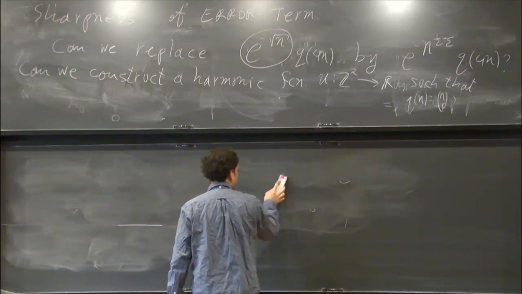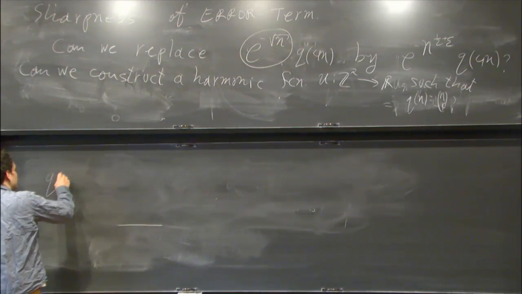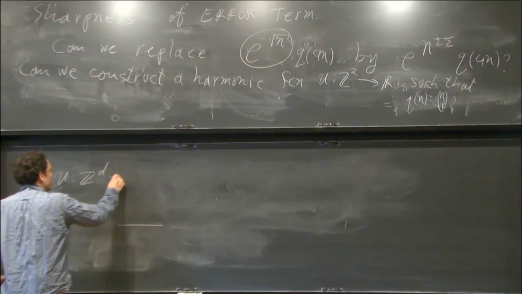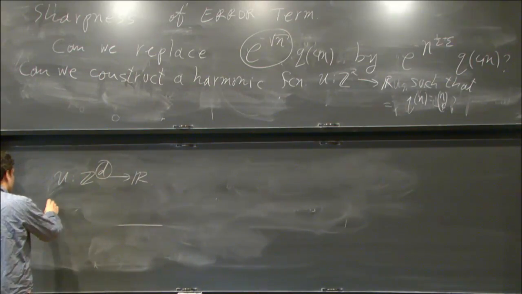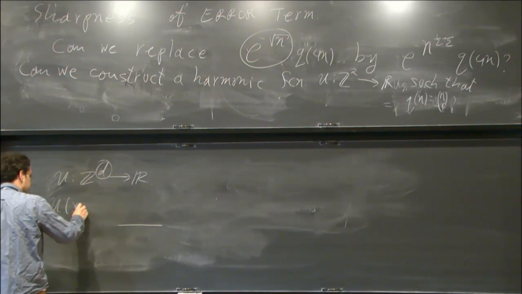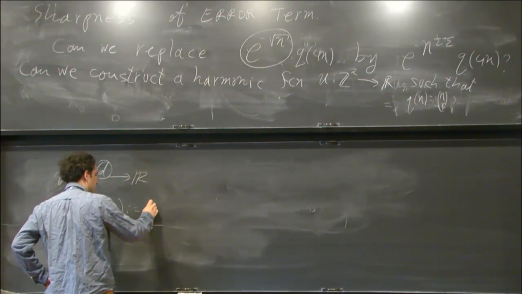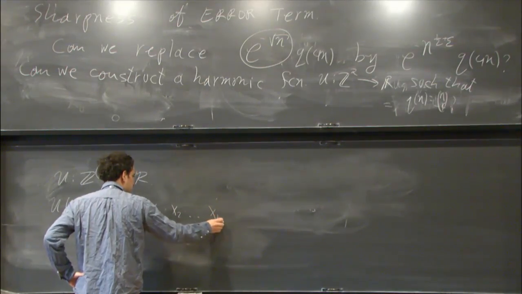In fact, one can easily check that if we allow the dimension to vary, then we can define u to be just x1 times x2 times ... times xk.